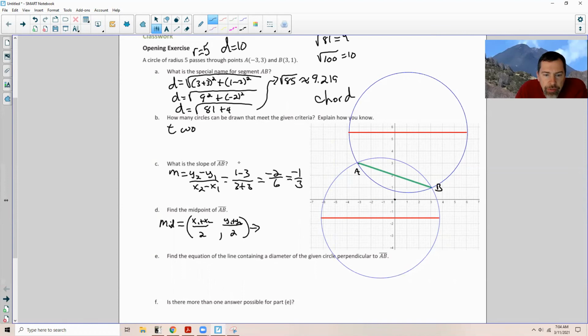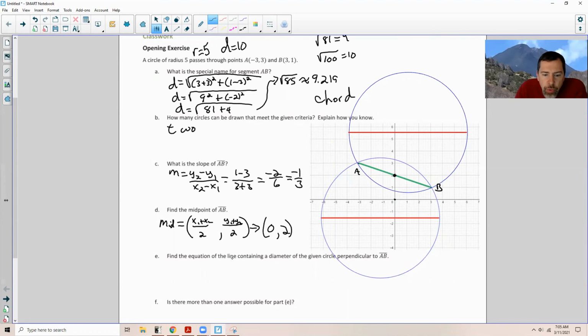The x's added is 0. 0 divided by 2 is 0. The y's added are 3 plus 1, which is 4. 4 divided by 2 is 2. So (0, 2) is right there, and sure enough, that is the midpoint.